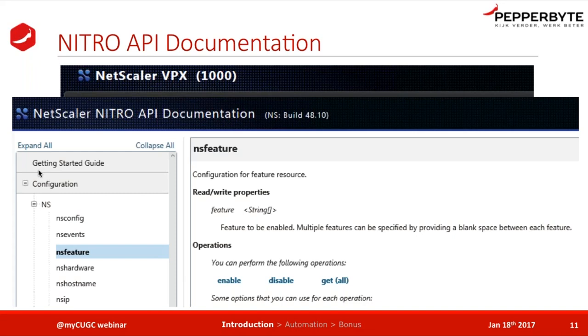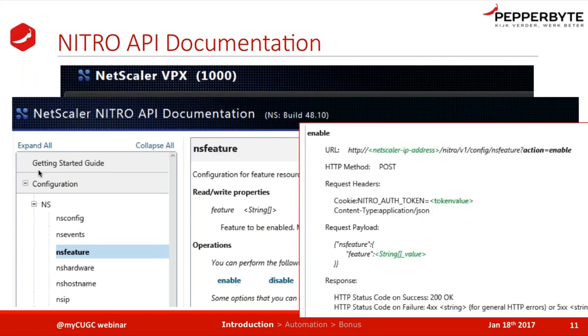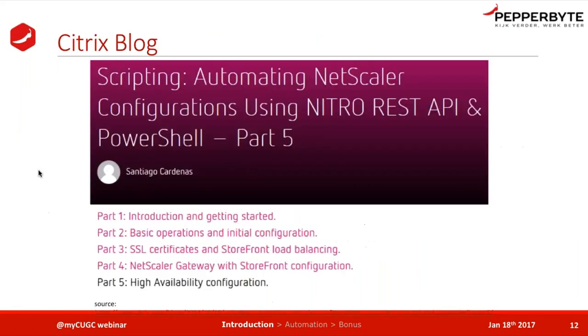And it also shows you which operations are available on those resource types. And if we zoom in, for instance, on the enable operation for the NetScaler feature, it will also give you all the information that you need to make that REST API call, like the URL, the HTTP method, and even the format of your JSON payload.